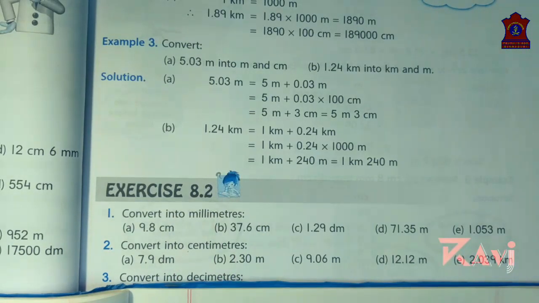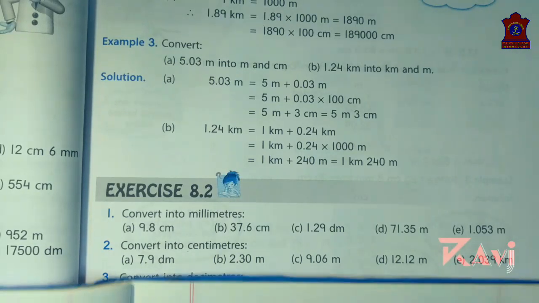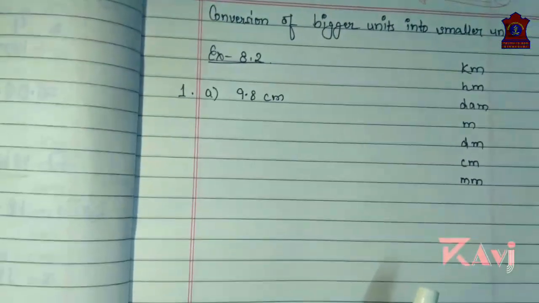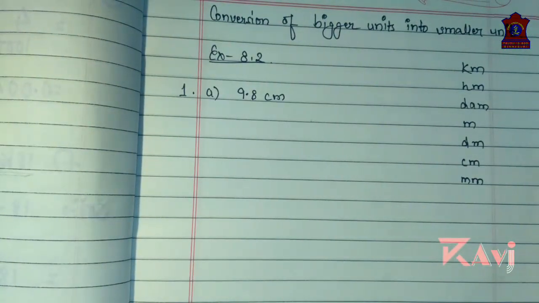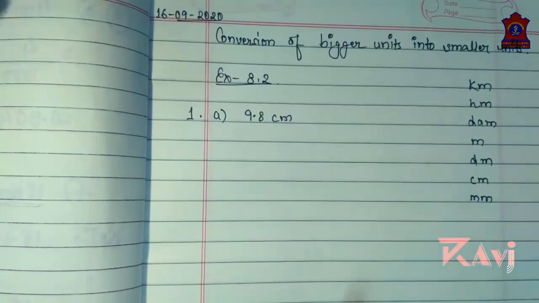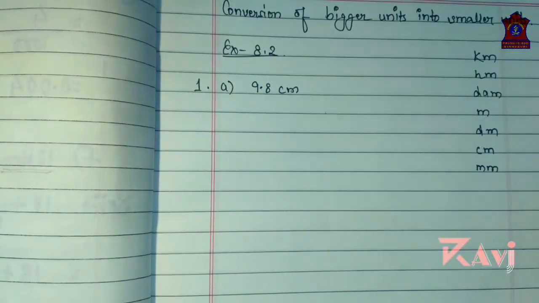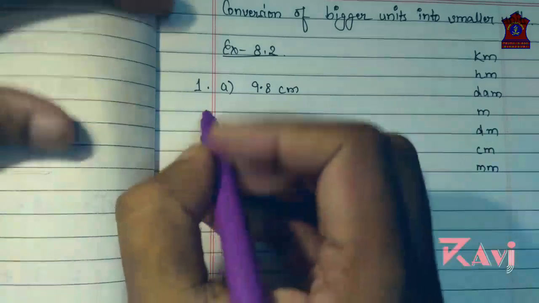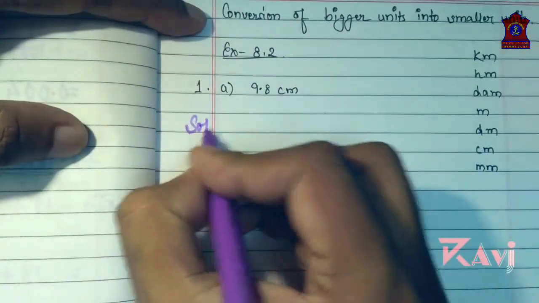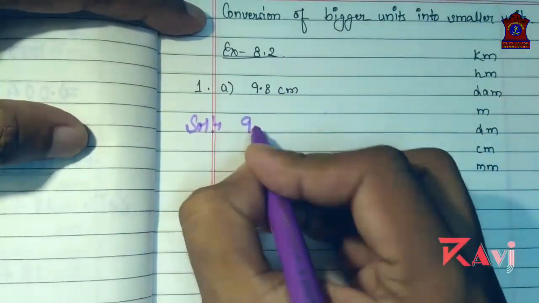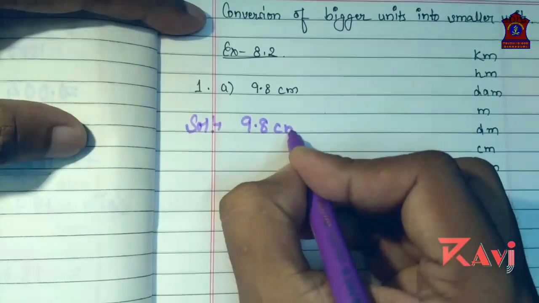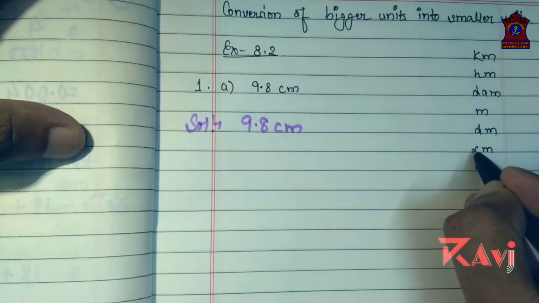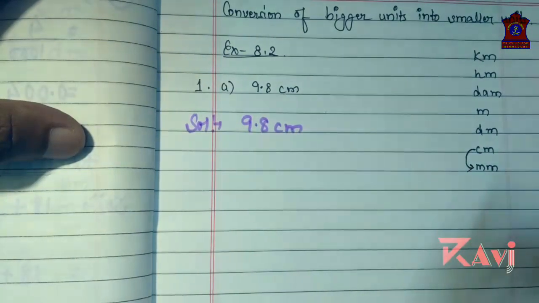Okay, so let's start. Today's date is 16/9/2020. Look here, the question has given 9.8 centimeter, and here we are moving from centimeter to millimeter.